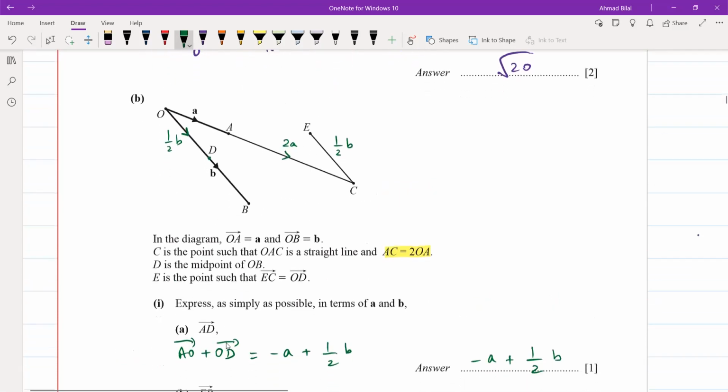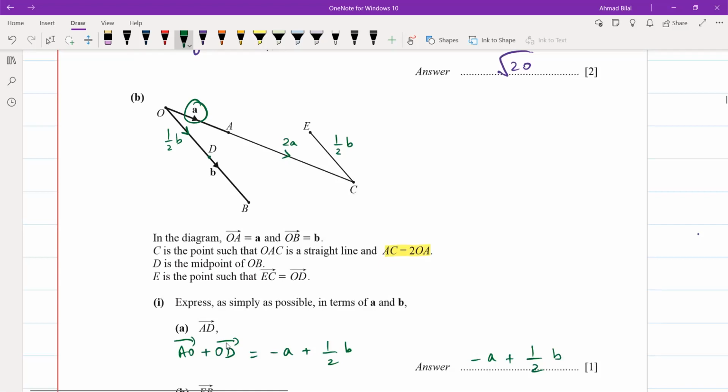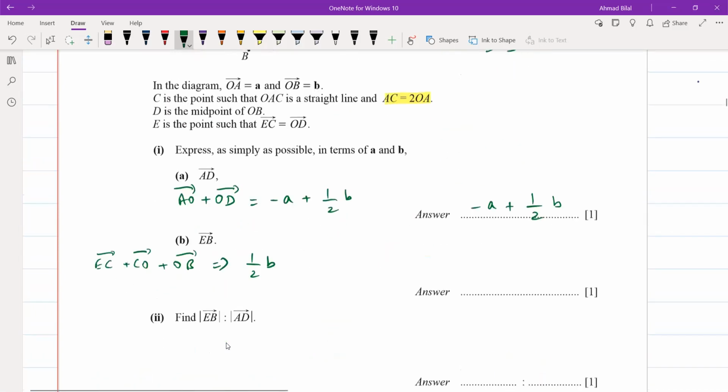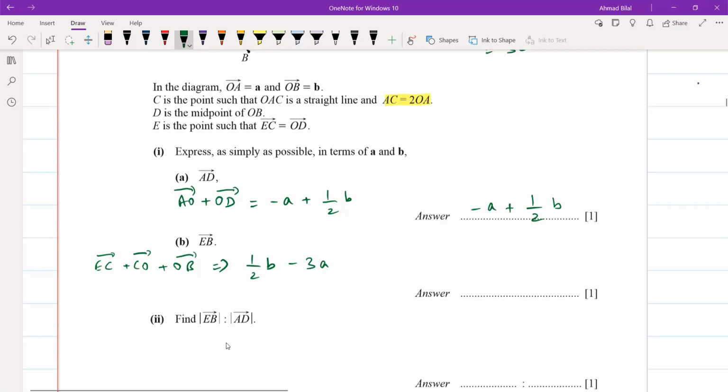CO क्या है? देखें ये A है, ये 2A है, तो OC वेक्टर क्या होएगा पूरा? It will be A plus 2A, that will be 3 times A. तो इसका opposite that is CO, that's going to be -3A.